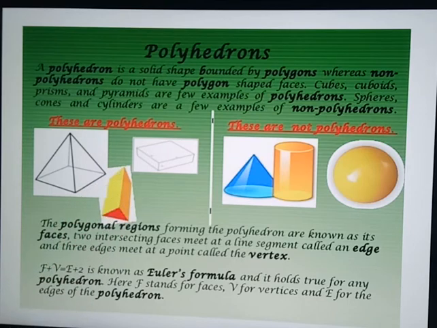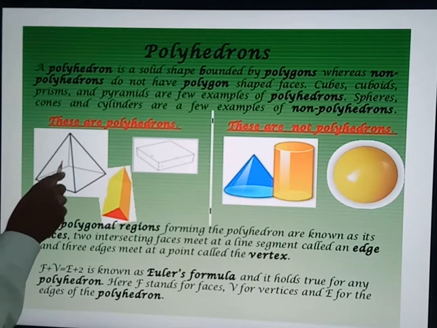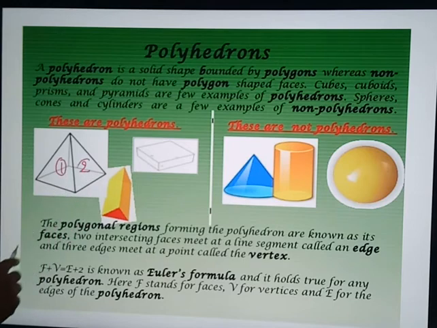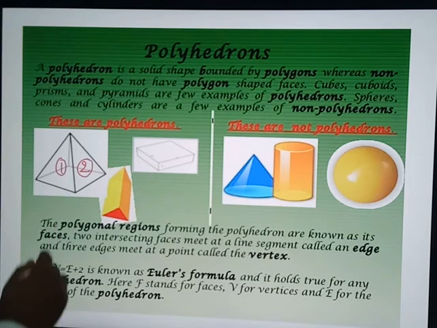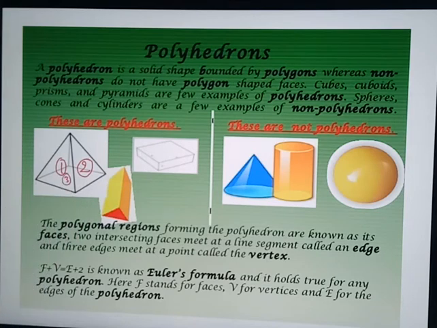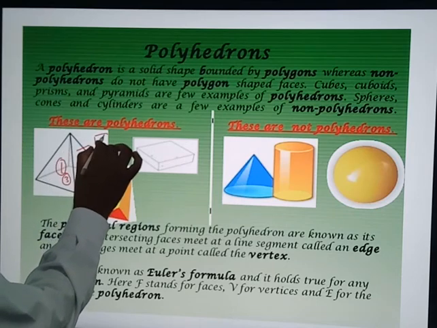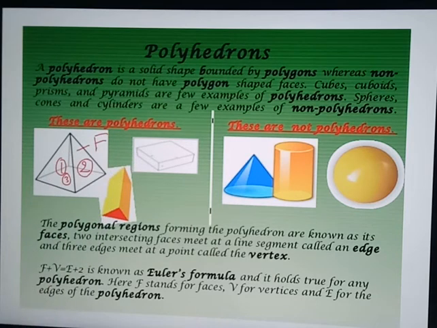Face 1 and face 2 are polygons, triangles, and the base here, another polygon, a square. So these are called faces. We indicate them with the symbol F.